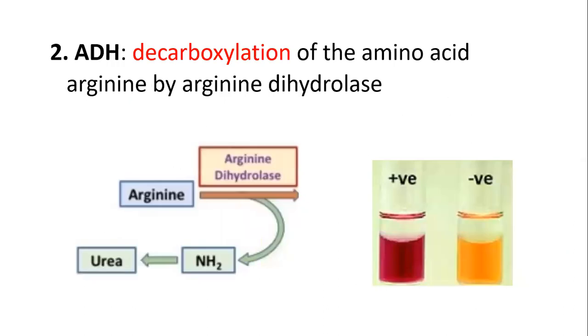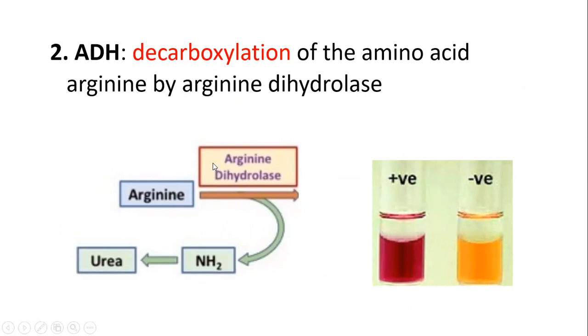Okay, after that, the second test is ADH. ADH means arginine dihydrolase enzyme. Basically, it is a decarboxylation reaction of the amino acid arginine by arginine dihydrolase. If our bacteria has arginine dihydrolase, it will decarboxylate the arginine and produce pink color. What is basically the chemical reaction? Arginine is present in our culture media.